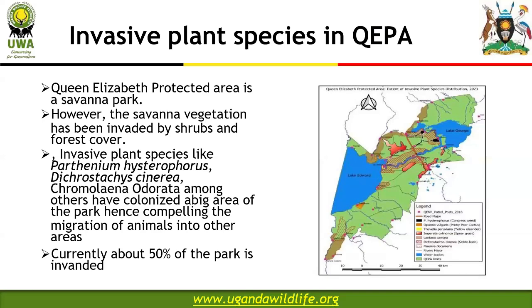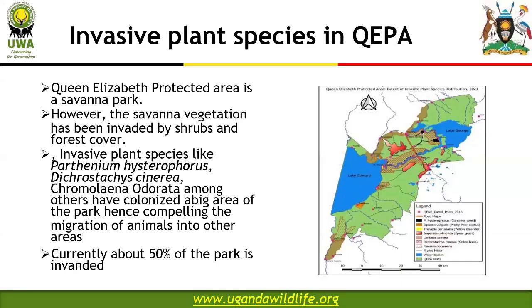I think partly these invasives are attributed to human activities. Imagine 11 community villages living in a protected area, and the activities they do, the way I saw how invasive species are spread across the world, I suspect it is also contributed to by the human presence within a protected area.